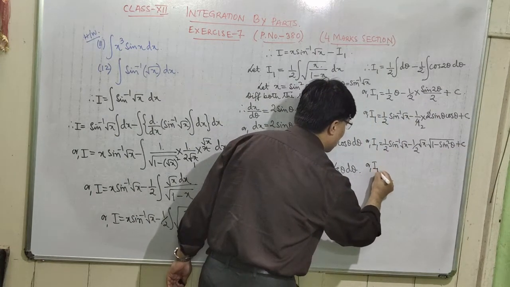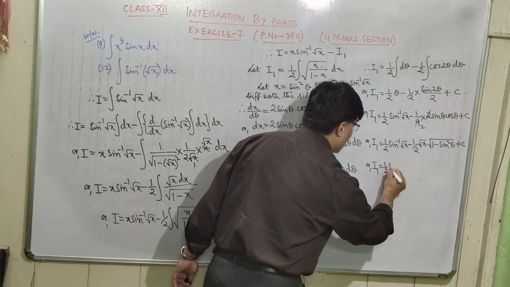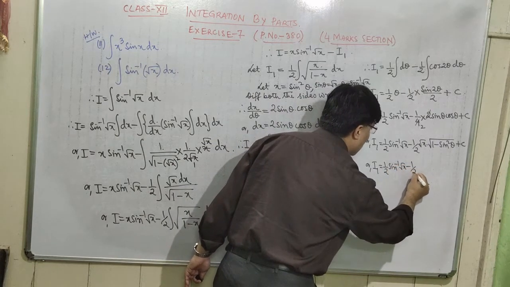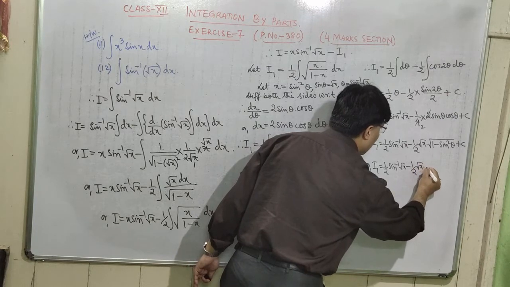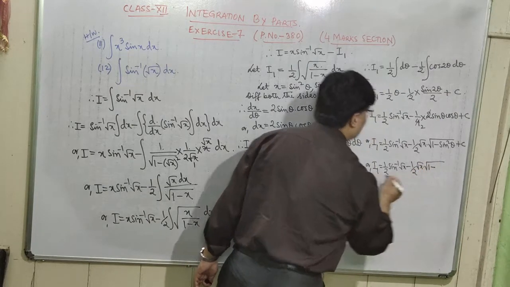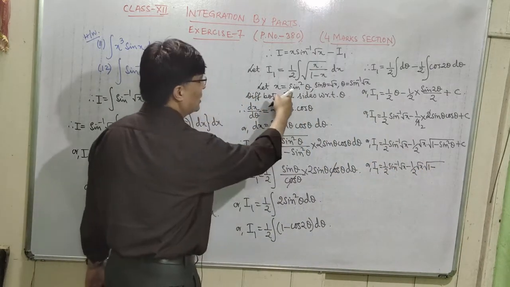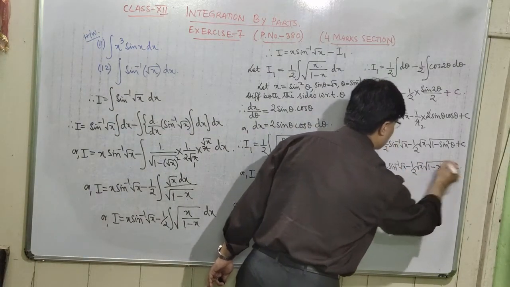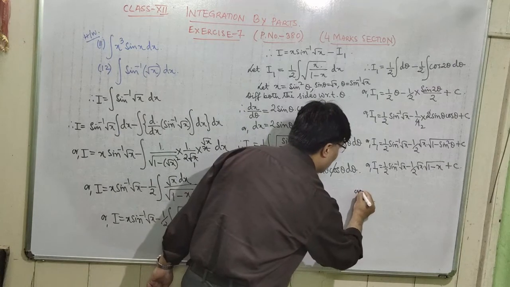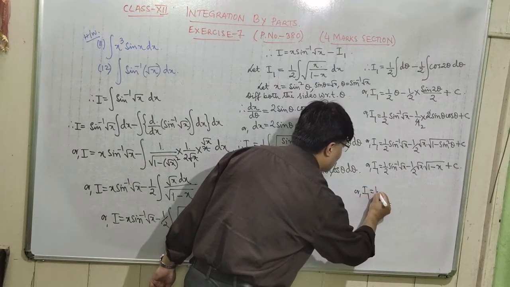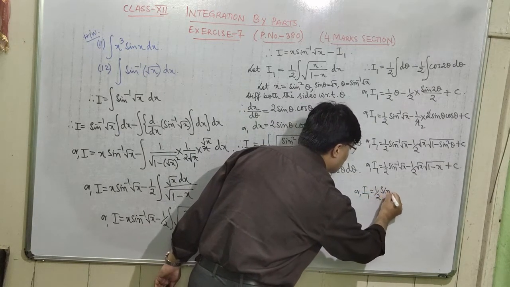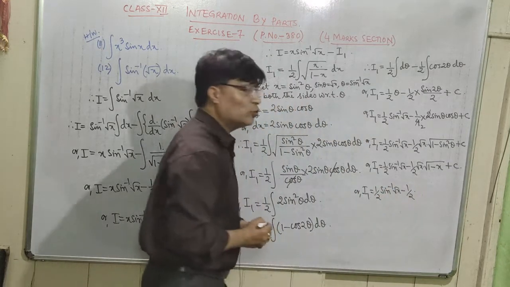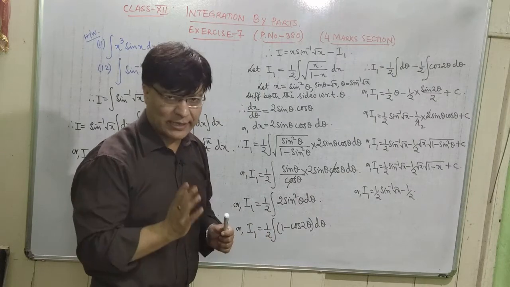Or now this is I1 is equal to half sine inverse root x minus half root over x into root over 1 minus, what is sine square theta now? Your sine square theta is equal to x. You can write here x, then plus c. Now this is I1 is equal to half sine inverse root x minus half, now root over x, root over 1 minus x.